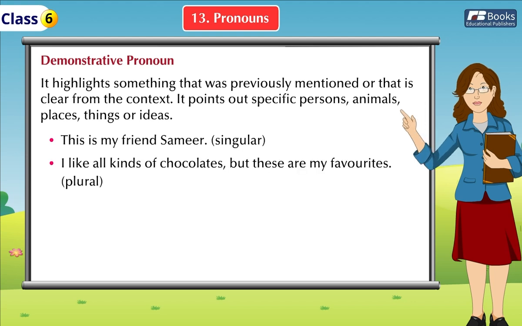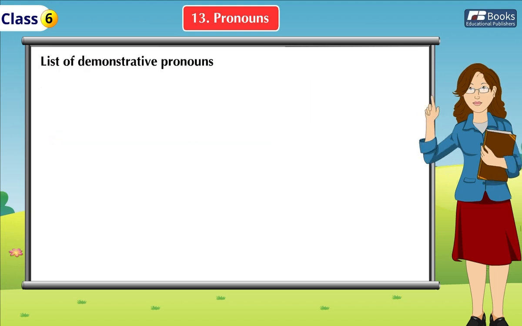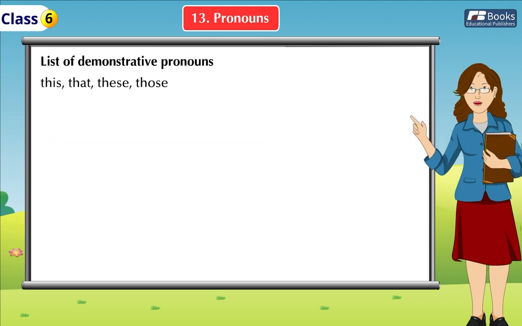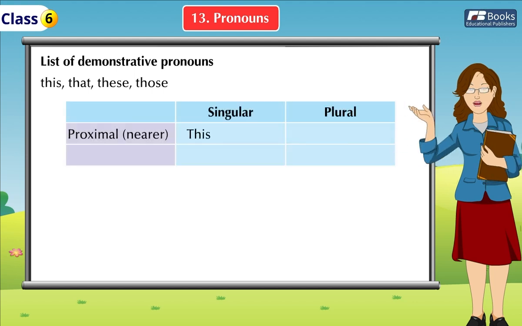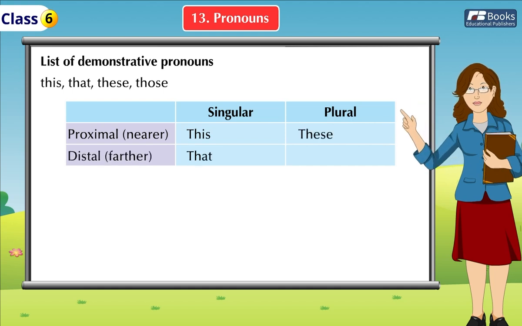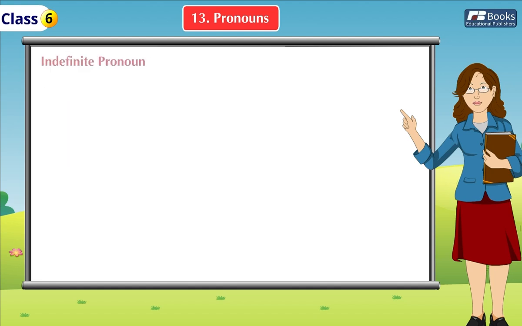"I like all kinds of chocolates, but these are my favorites." Plural. List of demonstrative pronouns: this, that, these, those. Proximal, nearer: singular this, plural these. Distal, farther: singular that, plural those.